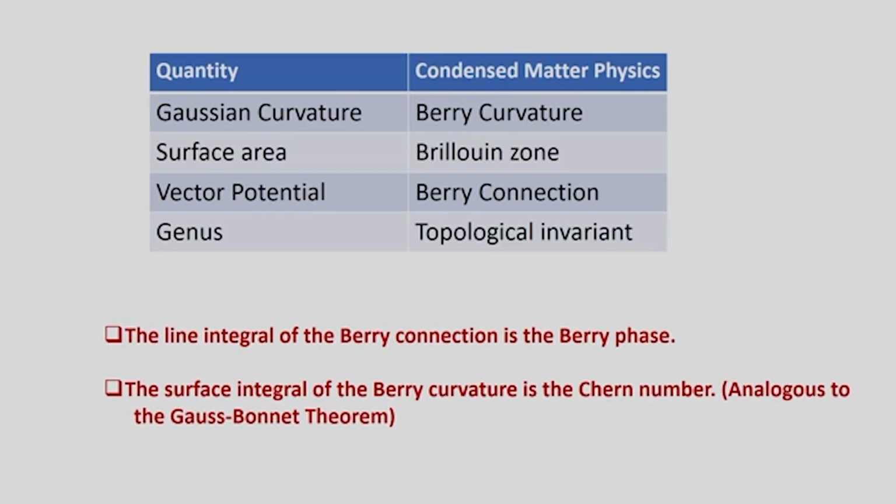Okay. So, we integrate the Berry curvature over the Brillouin zone, we get a topological invariant, which is let us say a Chern number for a time reversal symmetry broken system, and for the Gaussian curvature, when you integrate it over the entire surface area of the object, you get an invariant which contains a genus, okay, or the Poincare curvature.